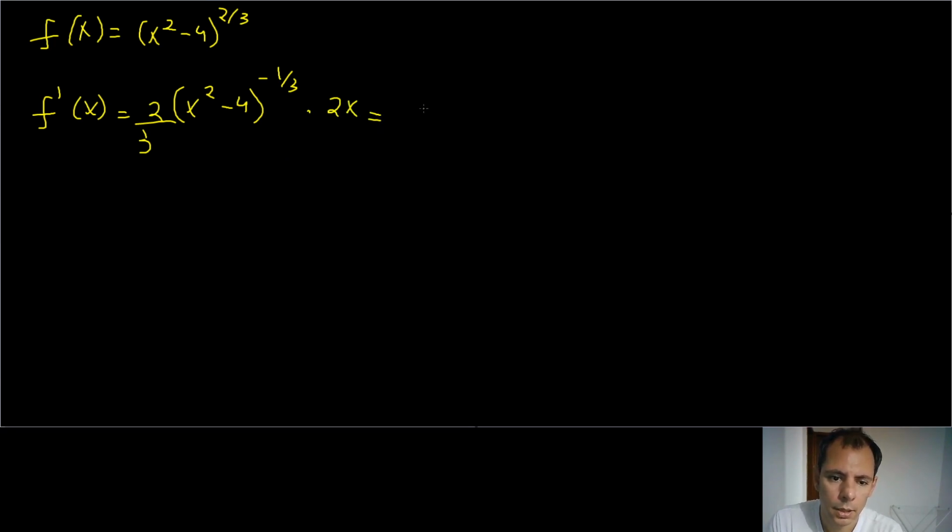So this is going to be 4x divided by 3, the cubic root of x squared minus 4.